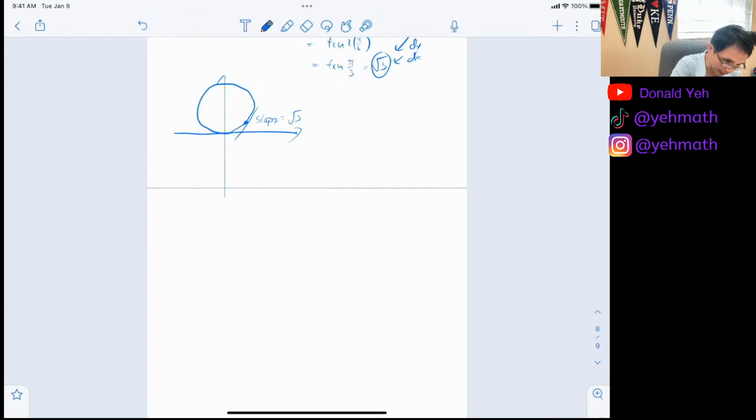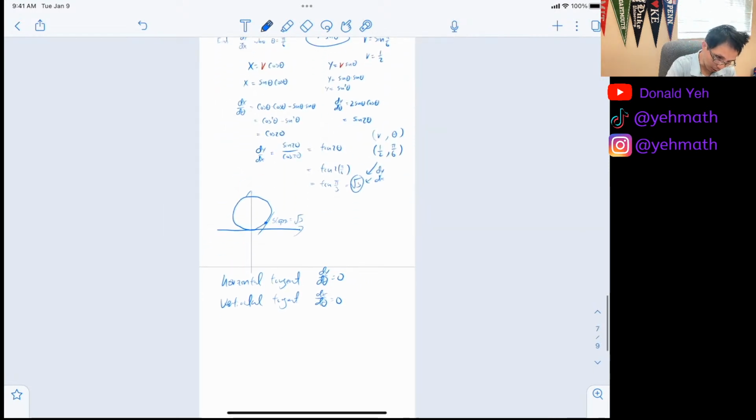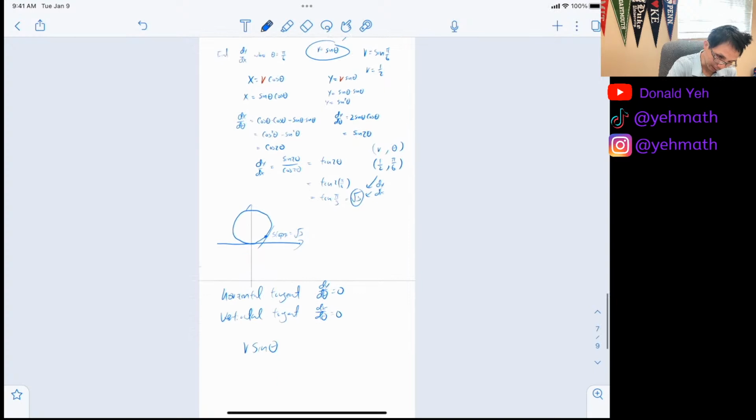If you want to find a horizontal tangent, basically dy d theta is equal to 0. If it's a vertical tangent, is dx d theta equal to 0? So let's say I want to find out this function r equal to sine theta.